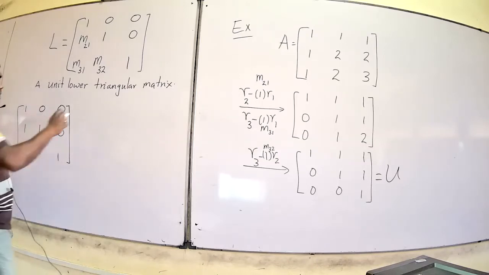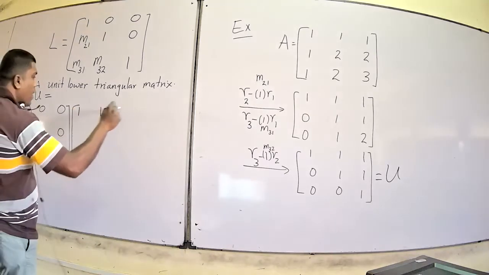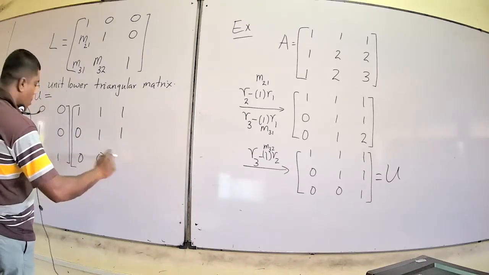Then I multiply this with the other matrix, U. I am trying to find L times U. L is this, so I can substitute the terms, and U is 1, 1, 1, 0, 1, 1, 0, 0, 1.